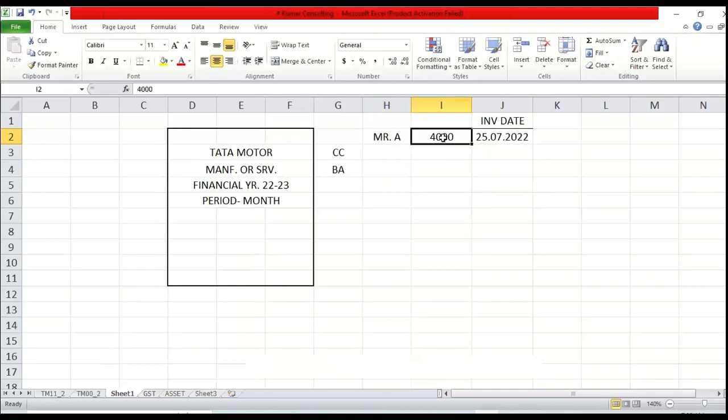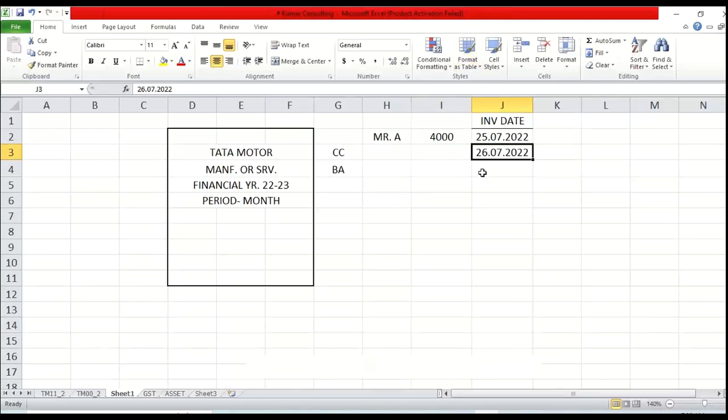A thought that he would post it on the 26th. He just kept this invoice somewhere in the drawer on his table. Generally it was supposed to be posted by him on the 26th.